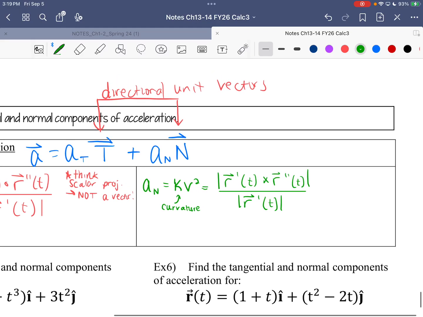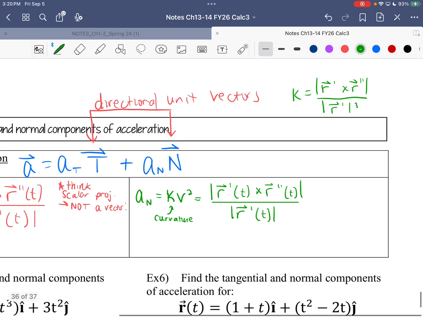And just remember, curvature is equal to the magnitude of r prime cross r double prime over the magnitude of r prime cubed. And then if we're multiplying it by our velocity squared, we'd be multiplying by r prime squared.